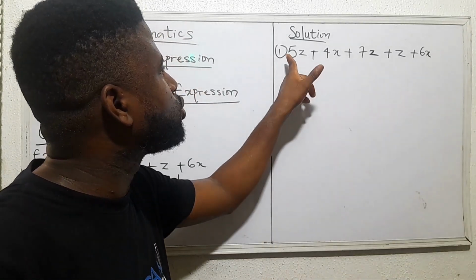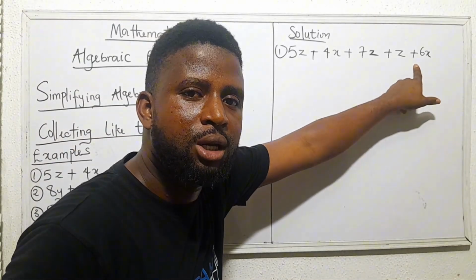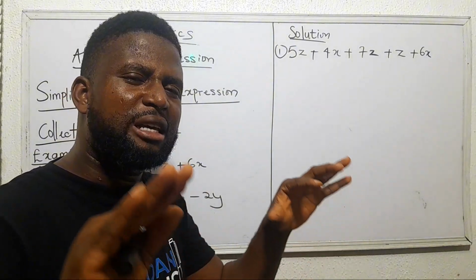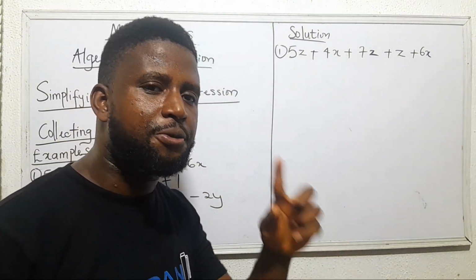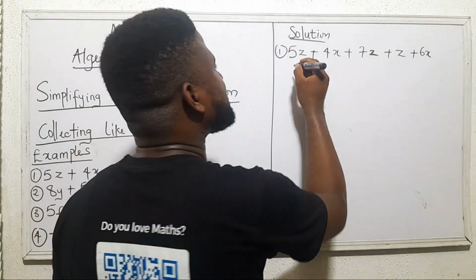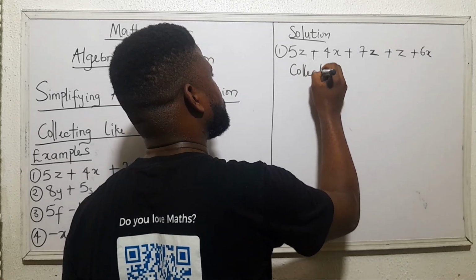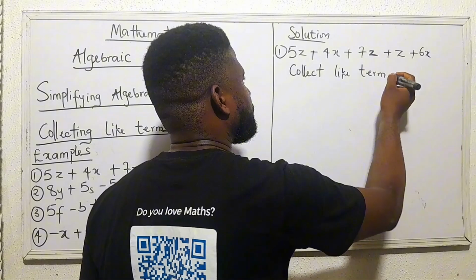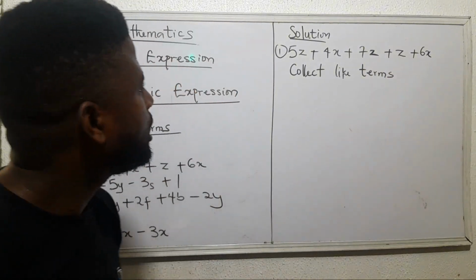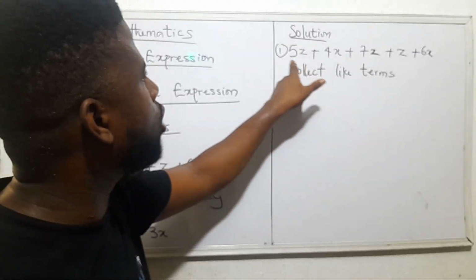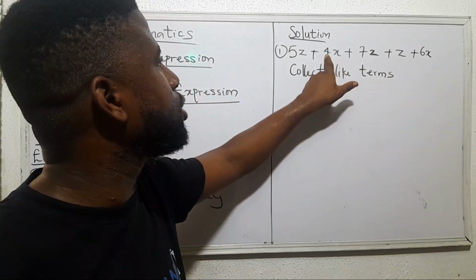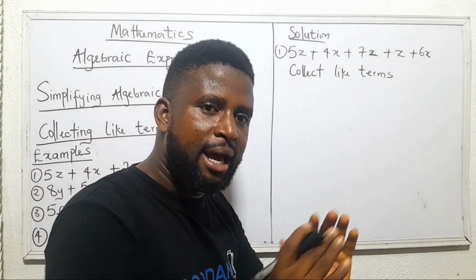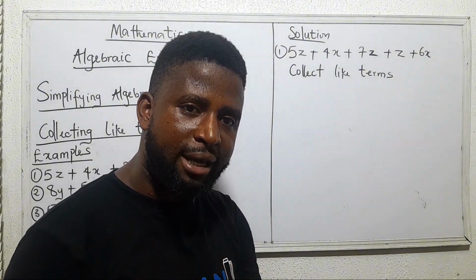To simplify this expression is to express it in the simplest form. And the first thing we need to do is to collect like terms. What does that mean? It means that I bring all z's together, bring all x together, then I can add the z's and simplify the x too, right?